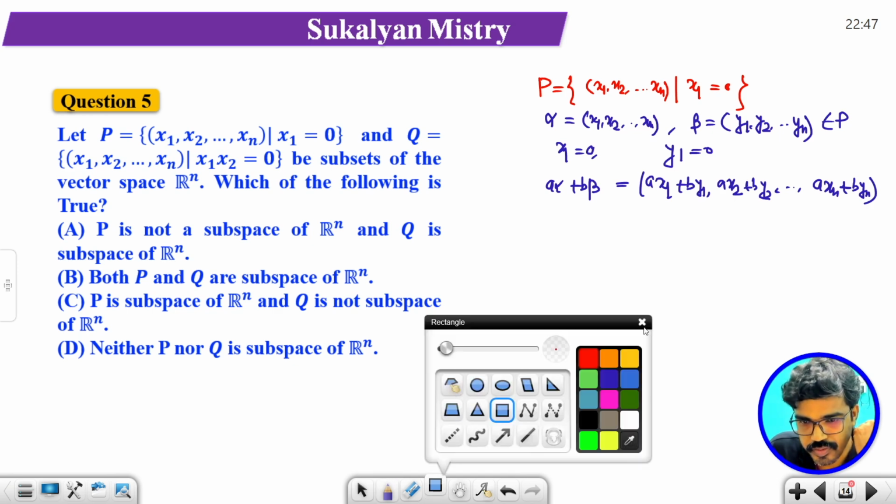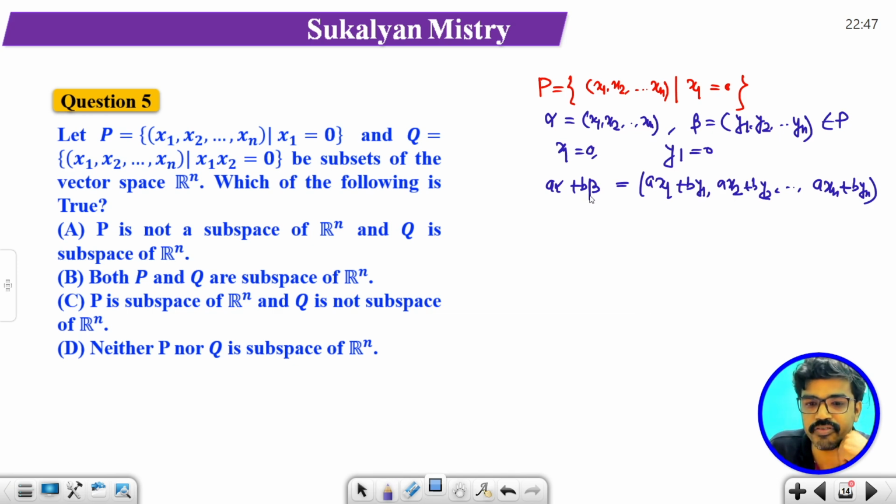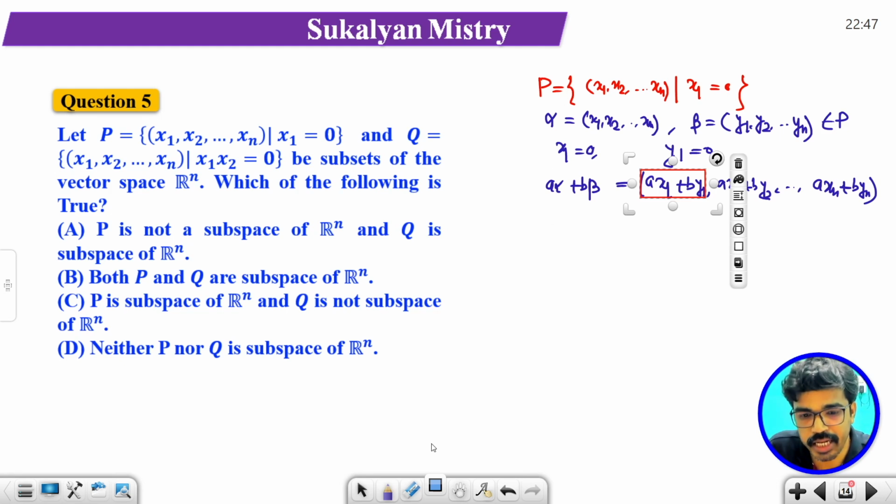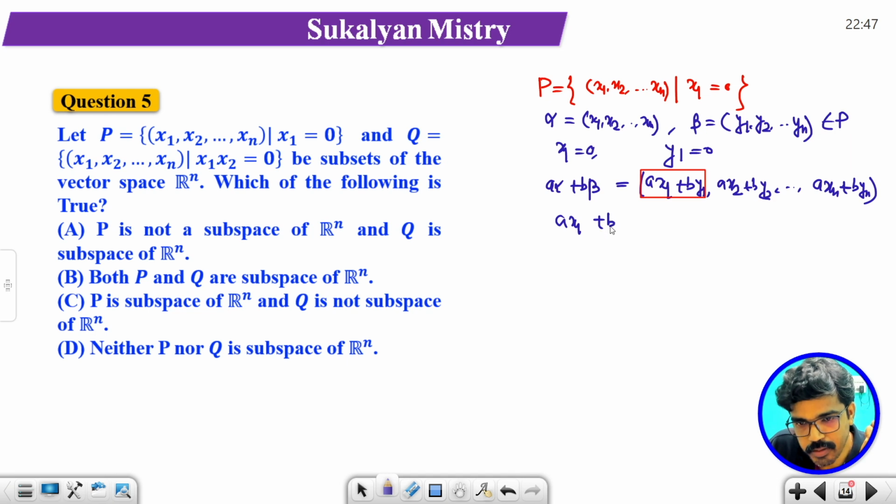So here it is given that first coordinate is 0, right? মানে x1 is 0, so a alpha plus b beta, so that is this. এটা যদি 0 হয় তাহলে কি হবে? a alpha plus b beta P এর এলিমেন্ট, রাইট? So ax1 plus by1, so x1 is 0, y1 is 0, that means 0. So from this we conclude that a alpha plus b beta belongs to P, right?